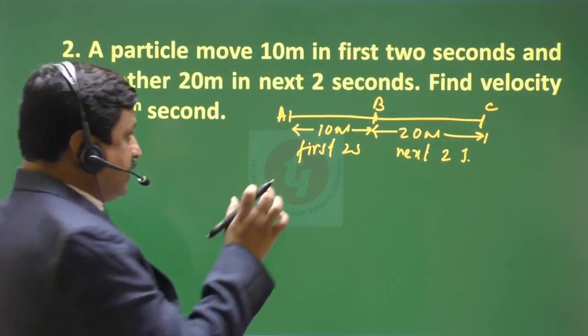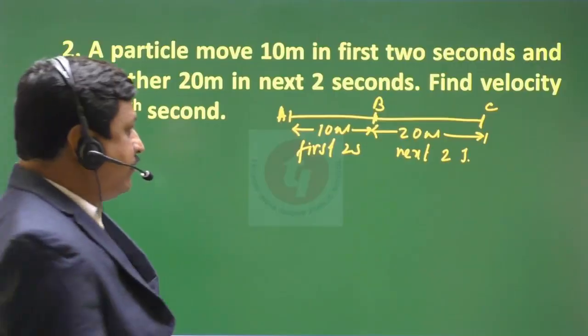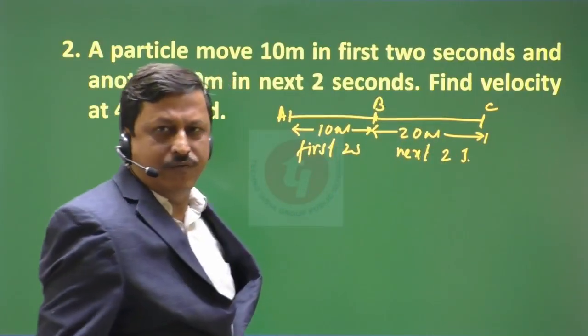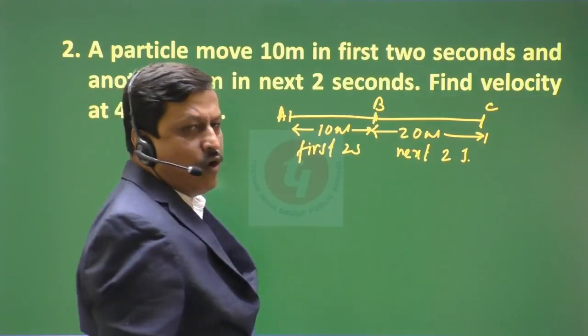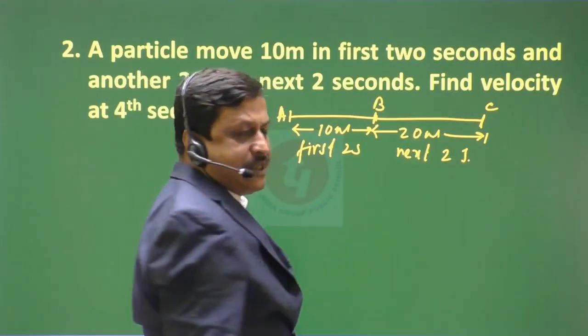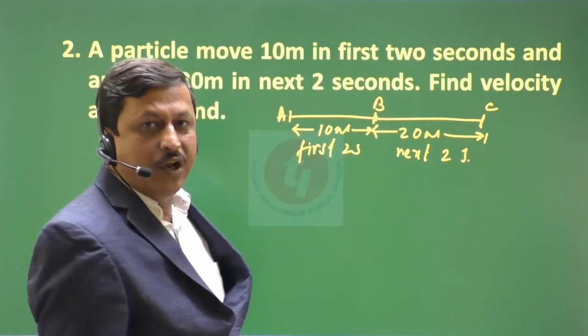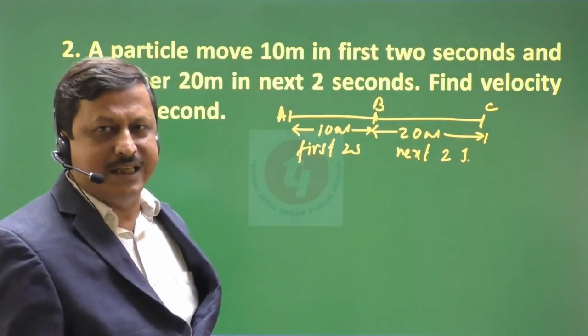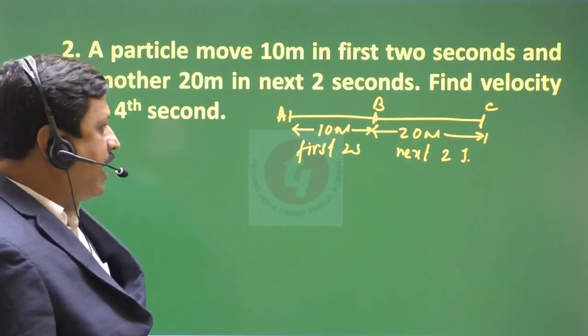So see, we can conclude that this velocity is not uniform, because the displacement in the first 2 seconds is smaller than the displacement in the next 2 seconds, right? So velocity obviously increases here, that means there is an acceleration.